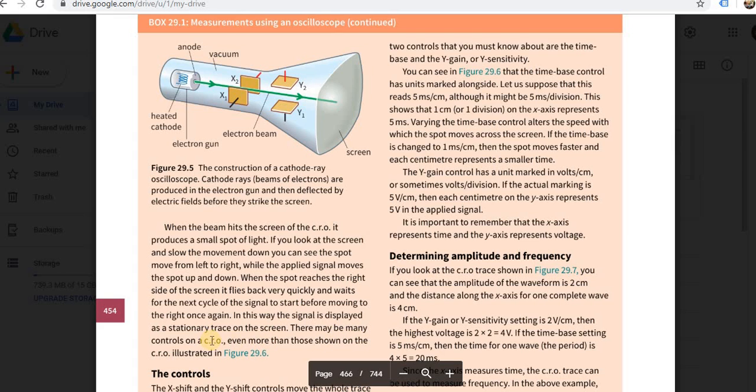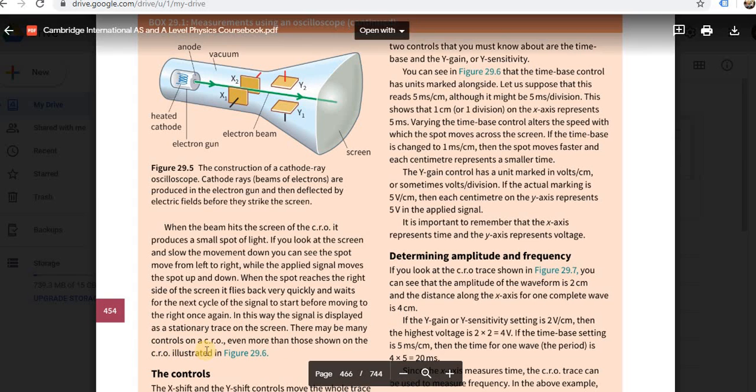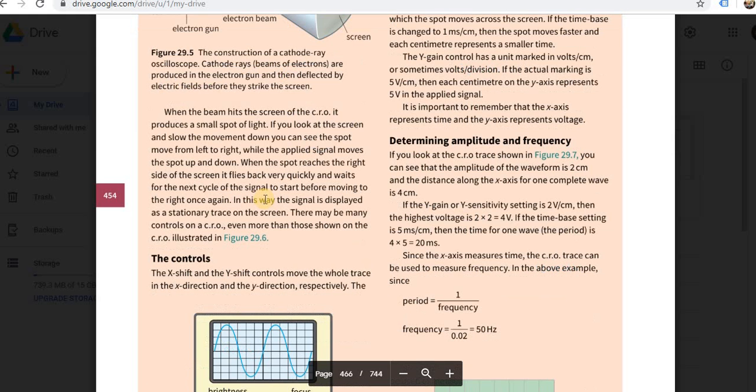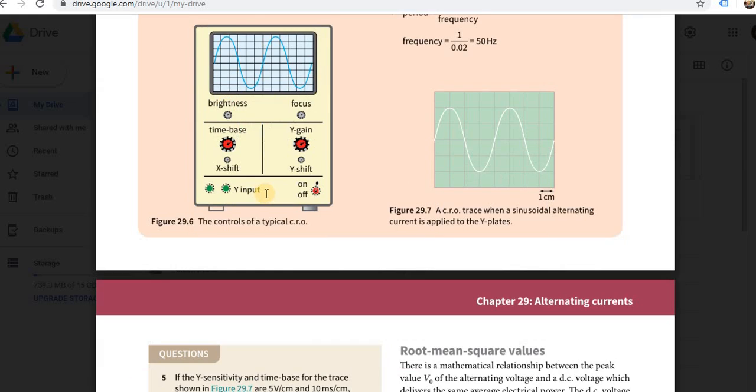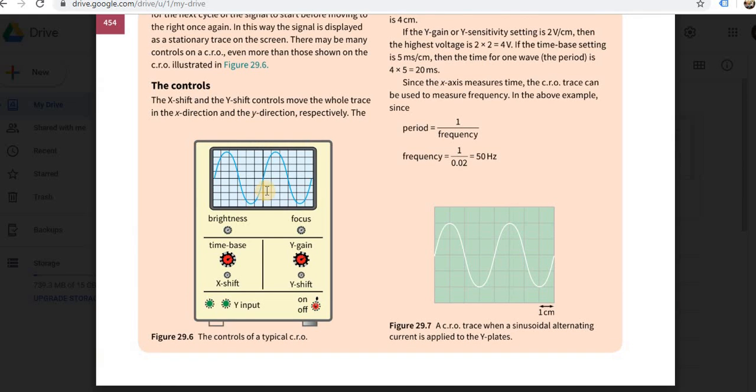There may be many controls on a cathode ray oscilloscope, even more than those on the c.r.o. illustrated in figure 29.6. You can see figure 29.6 here. These are the main ones that you need to know.